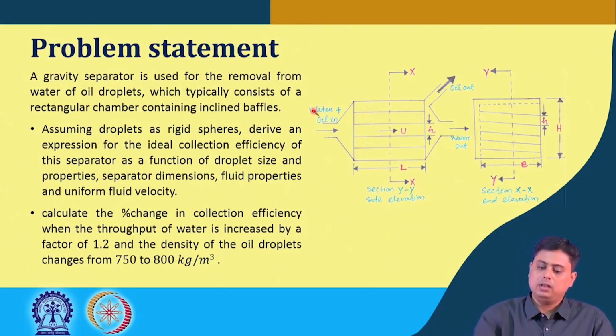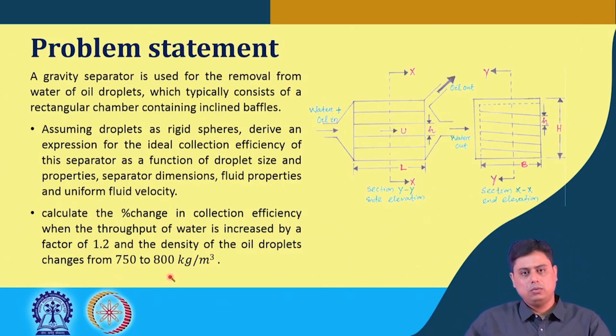So when there is another type of oil with a slightly different density, that is 50 kg per meter cube difference, and the inlet flow rate is increased by a factor of 1.2, how will the collection efficiency change, or how much percentage change will there be in the collection efficiency? This is the overall problem.